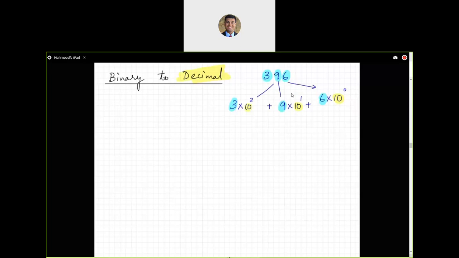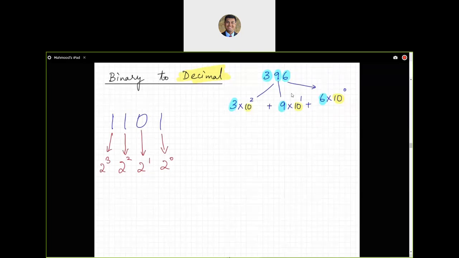So let's pick one binary number. Let's say I have 1101. This is a 4-bit binary number, and I want to find out what decimal value it is the same as. So what I would do is multiply each digit with 2 raised to 0, 2 raised to 1, 2 raised to 2, and 2 raised to 3, and then add all of them up.